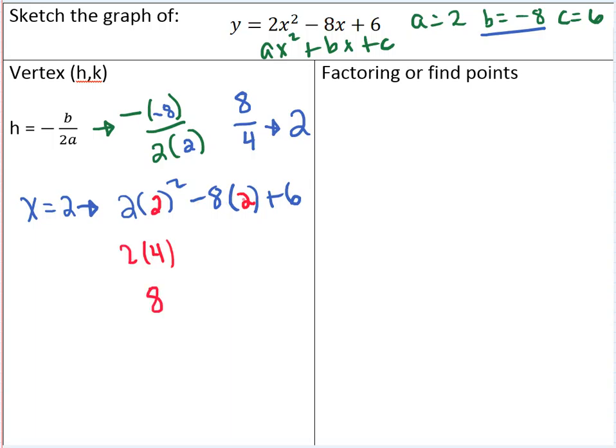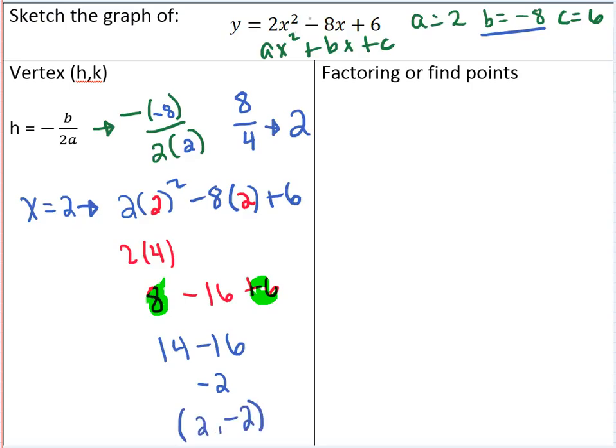Negative 8 times 2 is negative 16, and we add 6. Okay, so we have plus 8, plus 6, that gives me 14, minus 16 is negative 2. So my vertex is at 2 and negative 2.